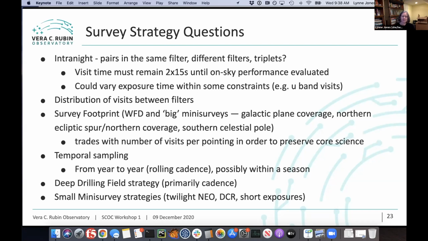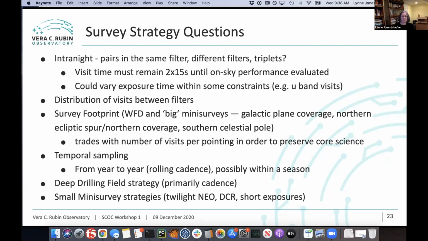We have in our heads deep drilling fields and their cadence, and in a way that is like a unit of things that are observed in a way that is suitable for extragalactic science, and the fields are oriented that way.